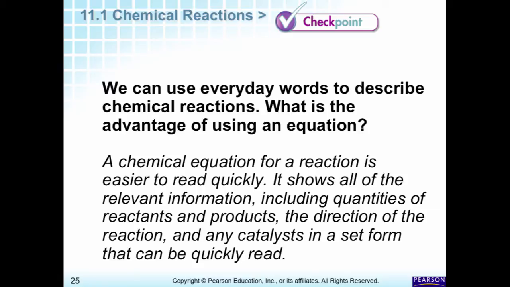It shows you what formulas you have, so it gives you an idea of what you have to mix together. It shows you what state of matter it is. It tells you if there's any catalyst or if you have to heat things. It's just easier to read than a lot of words or a lot of sentences.